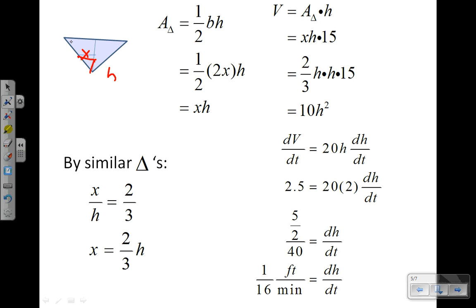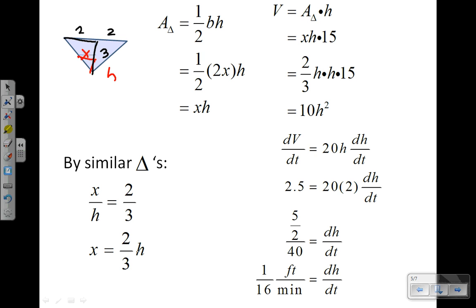Going across, this is 2. I believe the original dimension was 4 all the way across, so it's 2 and 2. And the 3 is the height all the way down here. So I have 2 to 3 as x is to h.